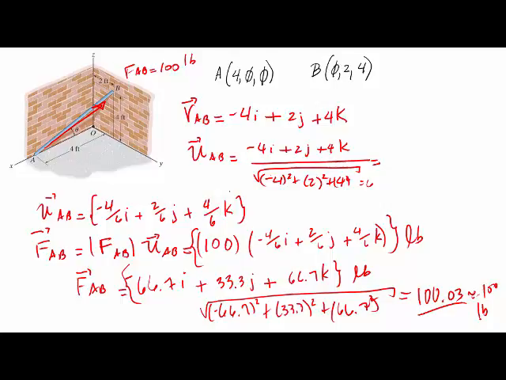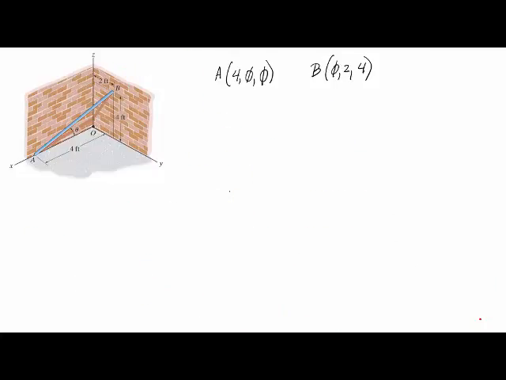So the second question was what? Calculate the moment about point O. Now we're going to get a vector in this case. So what is it that I need to calculate the moment about point O?